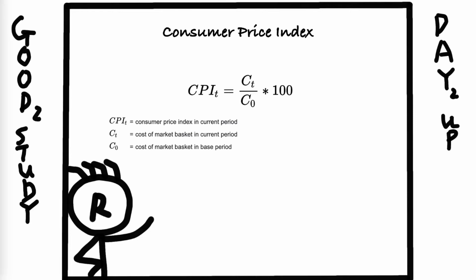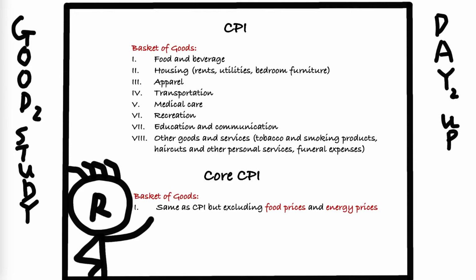So what goods and services get considered in the CPI calculation? The basket of goods includes food and beverages, housing. Note, housing only includes rent, utilities, and furniture, not property price.